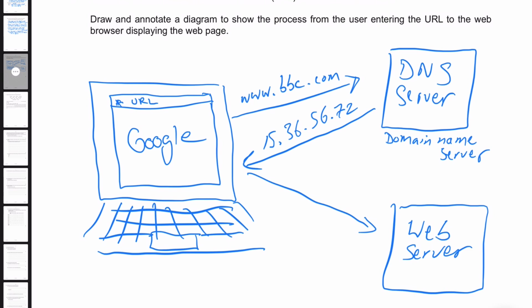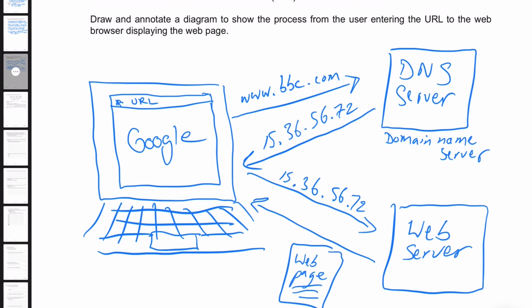So let's send that back, 15.36.56.72. Okay. And then this is going to send this back, basically the web page. It's going to go back to our computer.